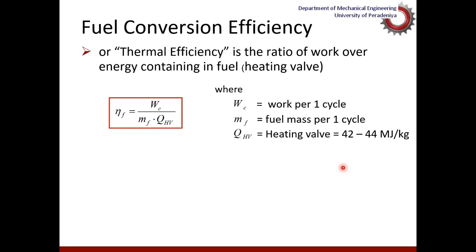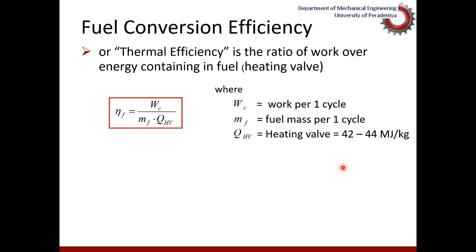The amount of energy released by the fuel per cycle can be calculated if you know the mass of fuel burned during this cycle and the calorific value of the fuel. And work, of course, as we looked at earlier, can be calculated using a PV diagram if it is indicated work that you are looking at. So the ratio between work and the energy released by the fuel is the thermal efficiency of the system, which indicates how good the engine is in converting the chemical energy into work.